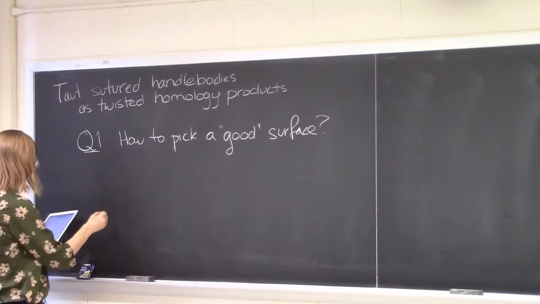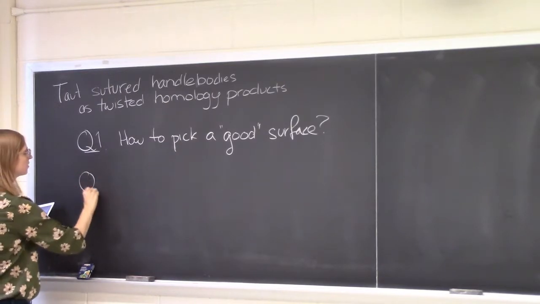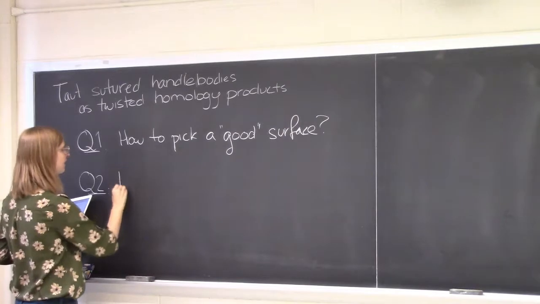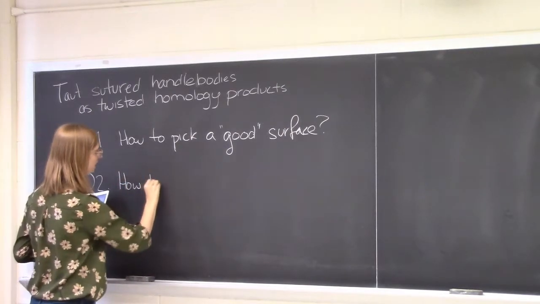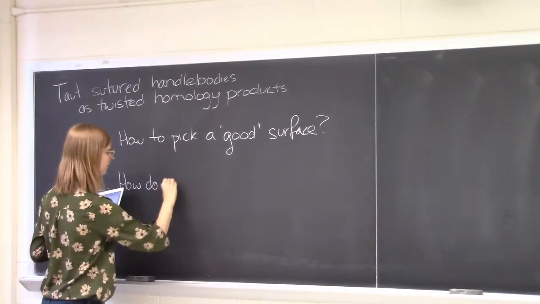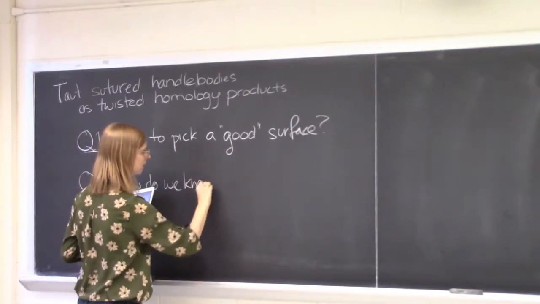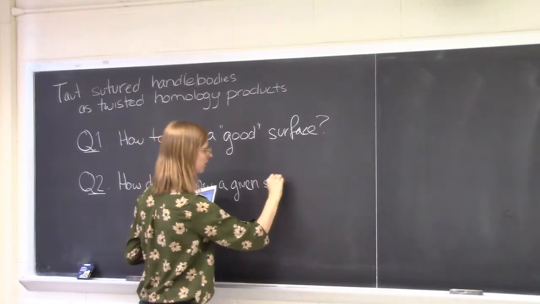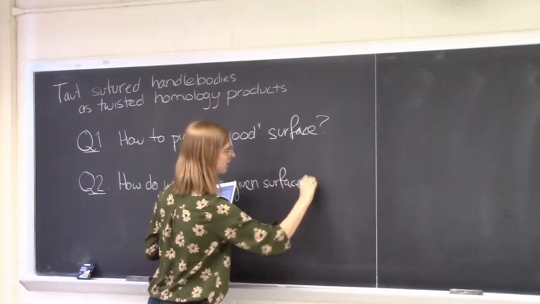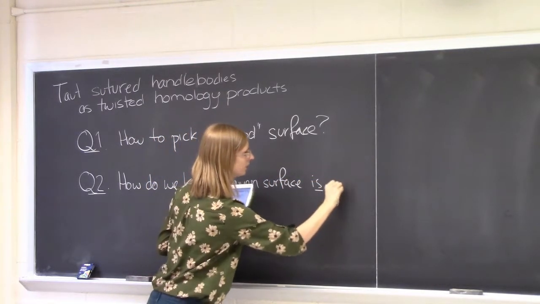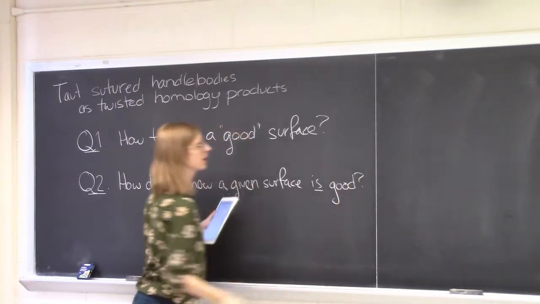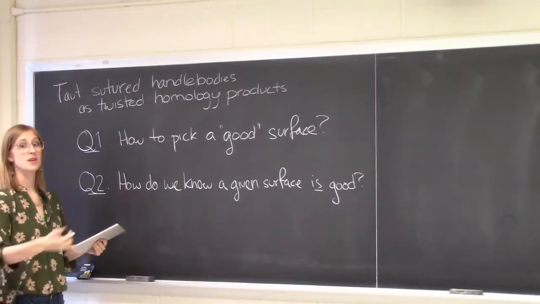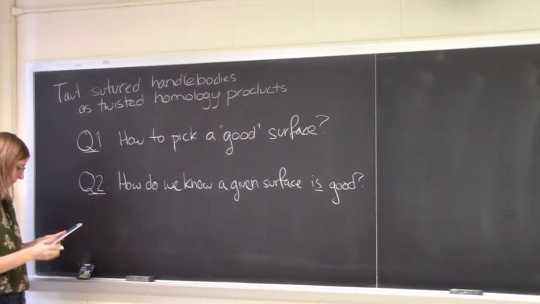And so this leads to question two. If we have some notion of complexity, how do we know a given surface is good? If you hand me just some surface out of nowhere and say, here's my notion of complexity, can I tell that it's minimizing that complexity?